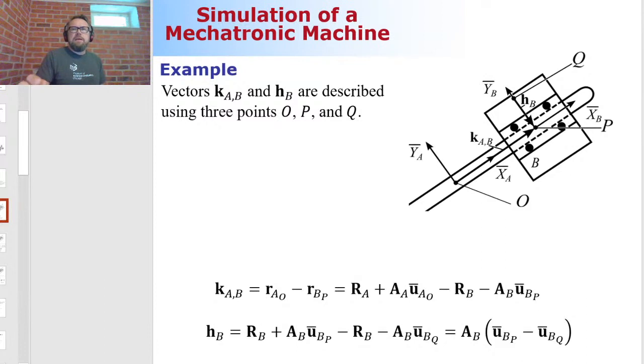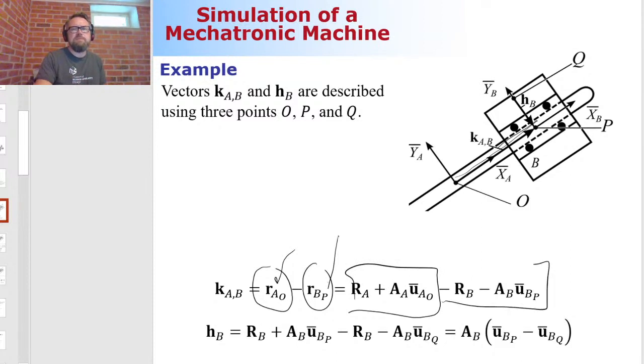Okay, vector K_AB, how can we compute that? Well, we're going to compute the O point using body A, the B point using body B, and the way we make it happen is the equation that we are very much familiar with.